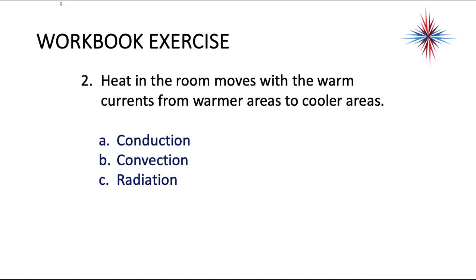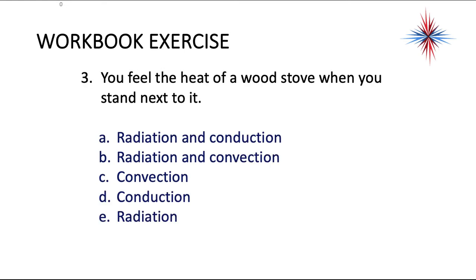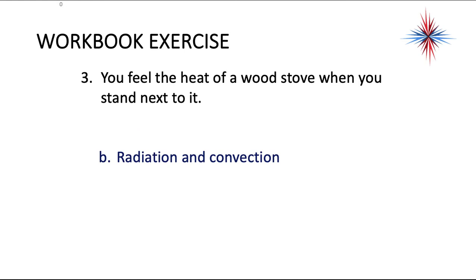Is this convection, conduction, or radiation? Correct answer is convection. You feel the heat of a wood stove when you stand next to it. What method of heat transfer is this? It's radiation and convection. The heat is coming through the space to you, and the warm air is moving around.